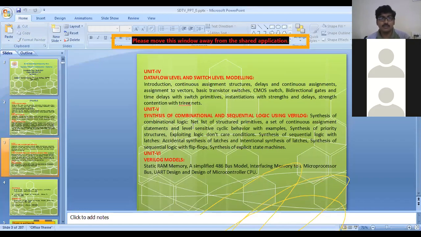And in the fourth unit, we'll be covering data flow level and switch level modeling. These are the different types of modeling styles in Verilog HDL, right?